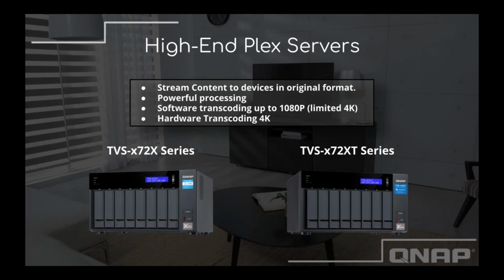They also support 10 gigabit connections, as well as M.2 support for caching and higher throughput. And these will give you both really solid software transcoding and hardware transcoding with Plex Pass.